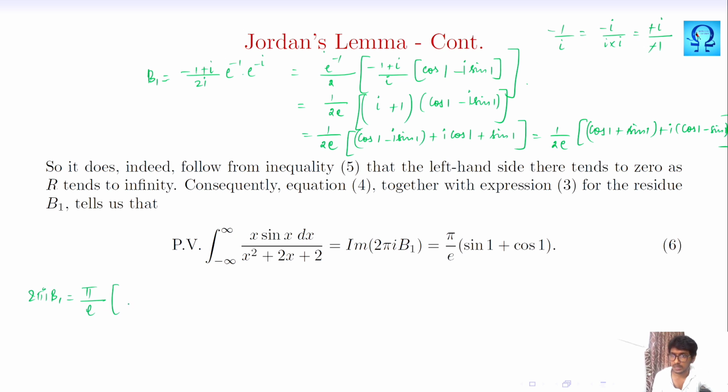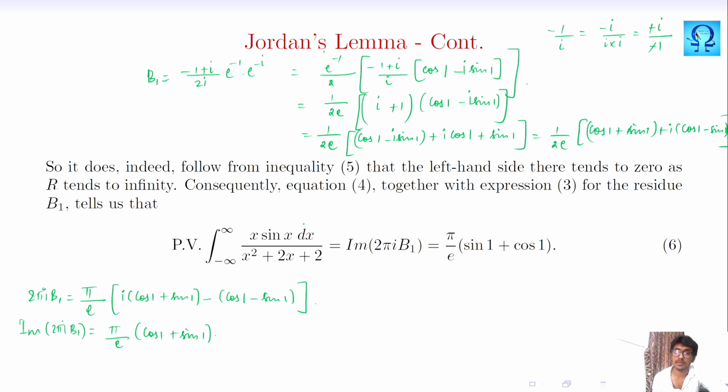Now when I multiply i inside, what I am going to get is i times cosine 1 plus sine 1 minus cosine 1 minus sine 1. So this is what we have. Now we'll have to take the imaginary part of this quantity. So the imaginary part is π upon e times cosine 1 plus sine 1. Right, so this is what we have.